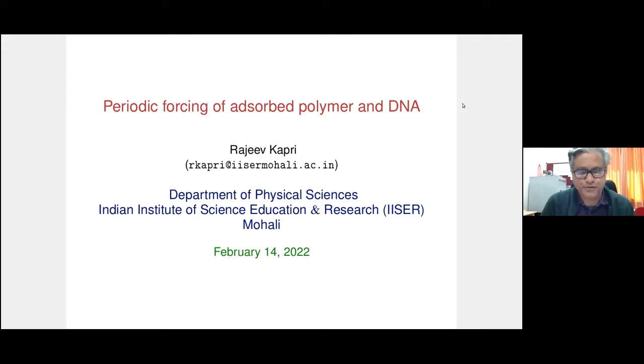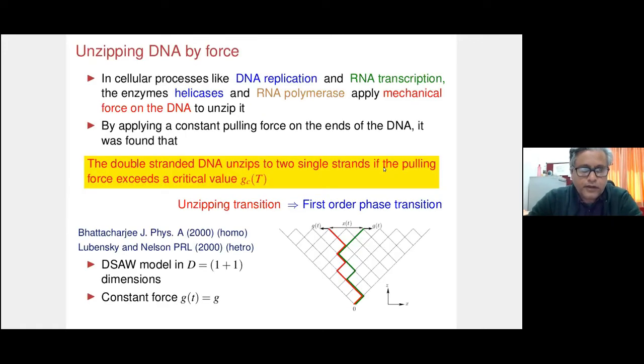So today I will talk about periodic forcing of adsorbed polymer and DNA. We all know that in cellular processes like DNA replication and RNA transcription, enzymes like helicases and RNA polymerase apply a mechanical force on the DNA to unzip it.